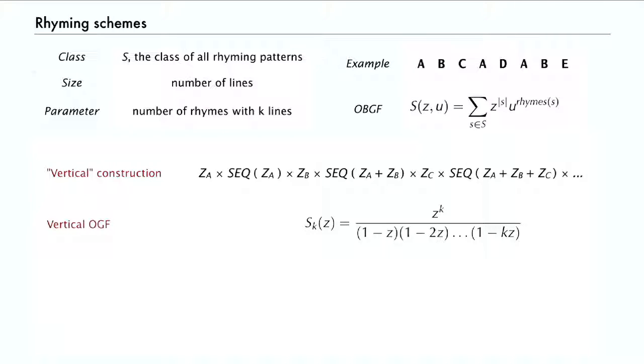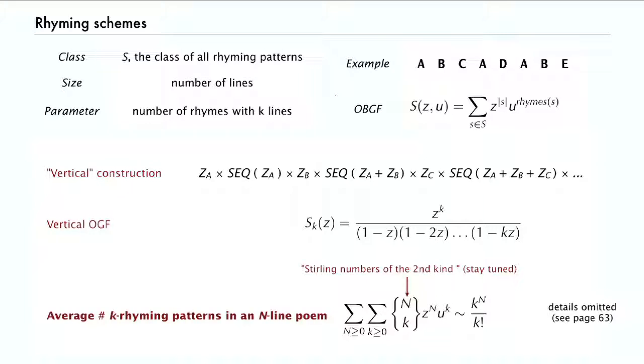And that immediately gives the vertical OGF. If we fix the number of rhymes to be k, this is the generating function for the number of poems of size n that have k rhymes. That's the vertical OGF.